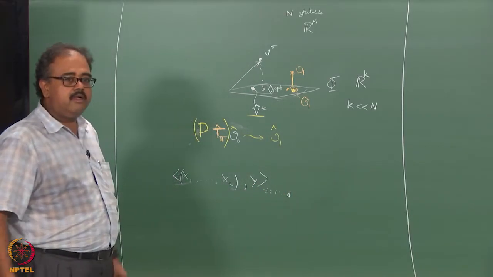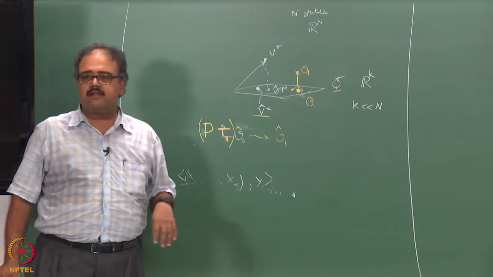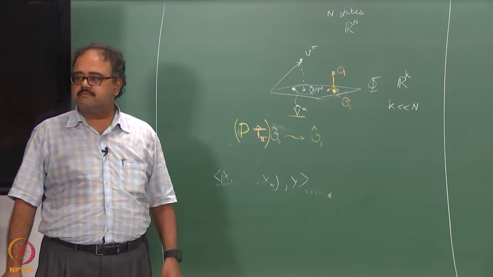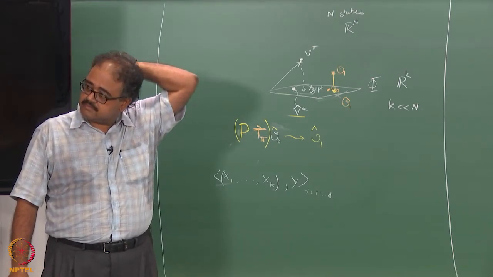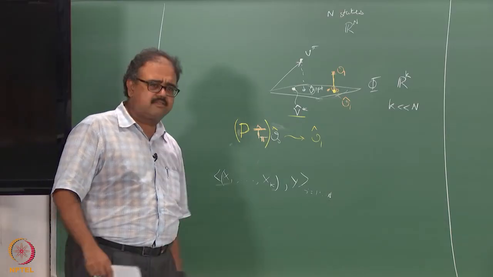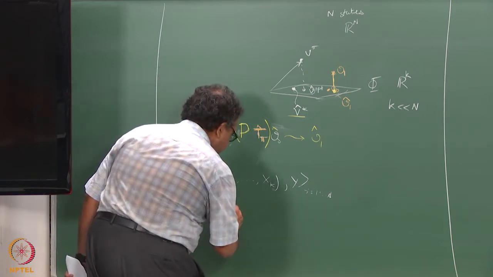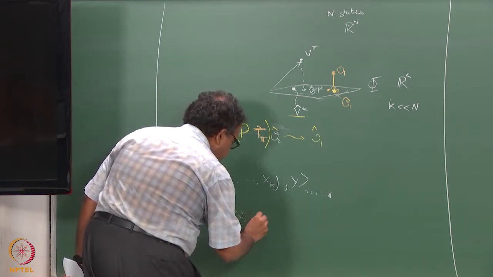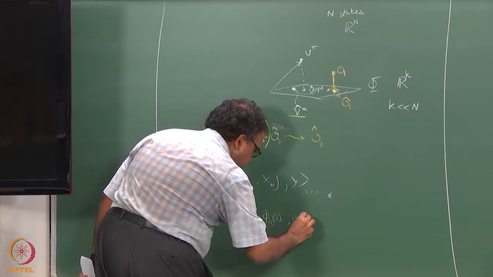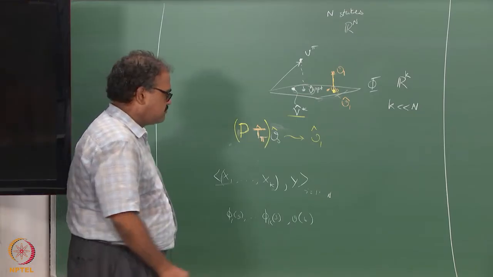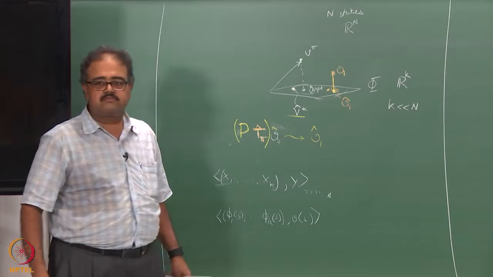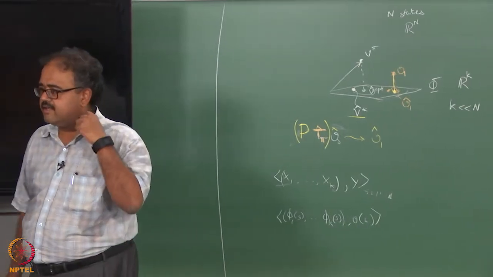If I want to do something like this for value function approximation, what should I do? I should have some vector S, right?